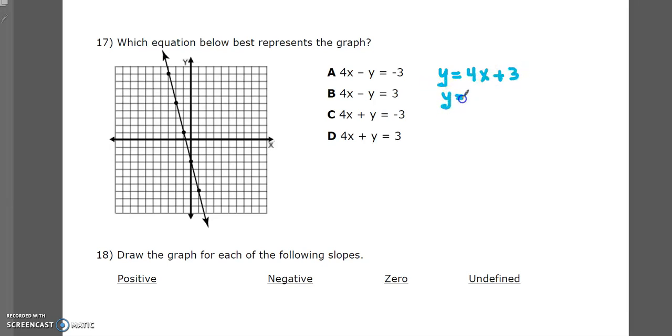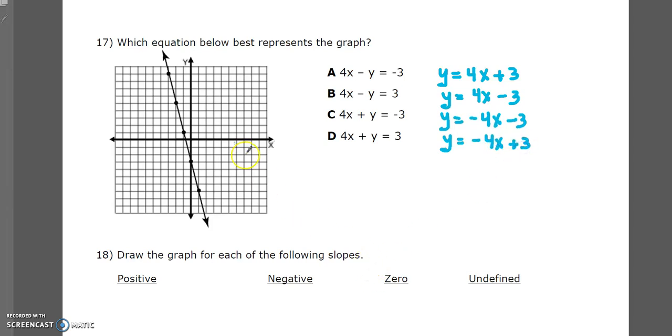This one, again, I subtracted 4x, but then divided by -1, so I have a positive. Divided 3 by -1, so I have a -3. The next one, I subtracted my 4x, but I'm not dividing by anything, so I end up with a -4x, and then -3. And on the last one, again, I subtracted my 4x, and I have a positive 3.